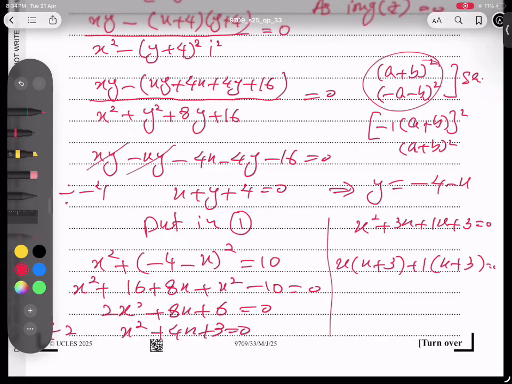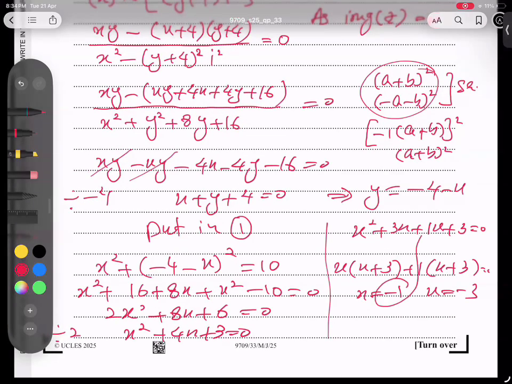I'm getting two answers: x is -1 and x is -3. And how to get y? Nothing hard, just plug in this value here. When I plug in -1 here, negative, negative, positive, so -3 comes. And when I plug in -3 here, minus plus, I got -1.